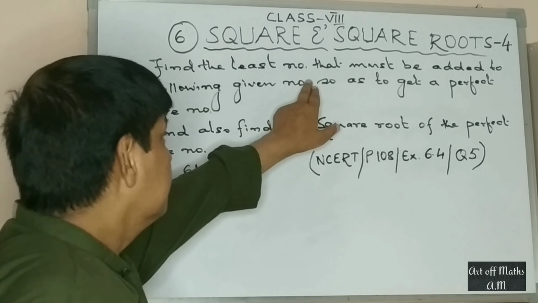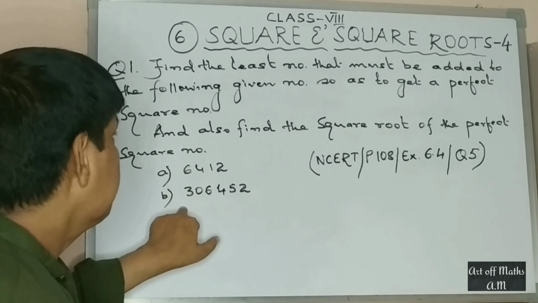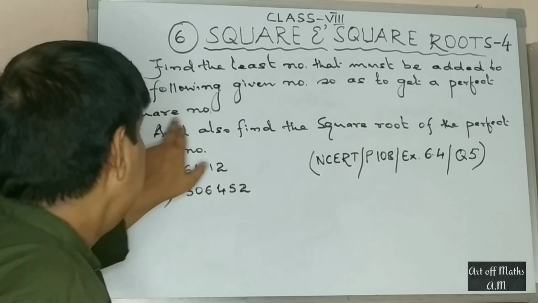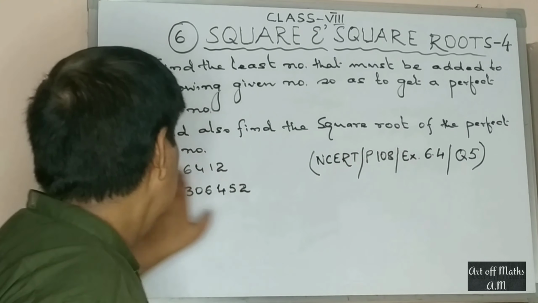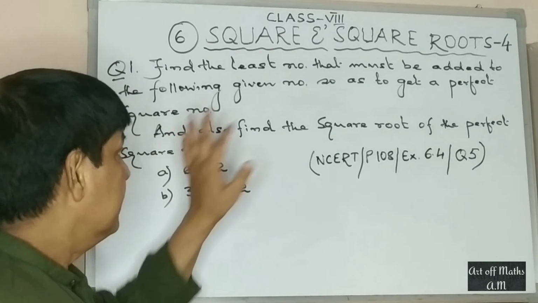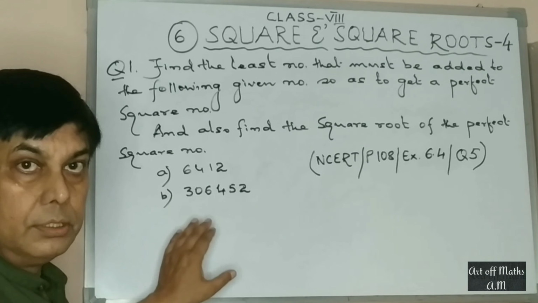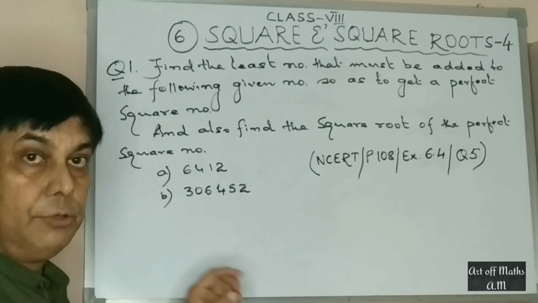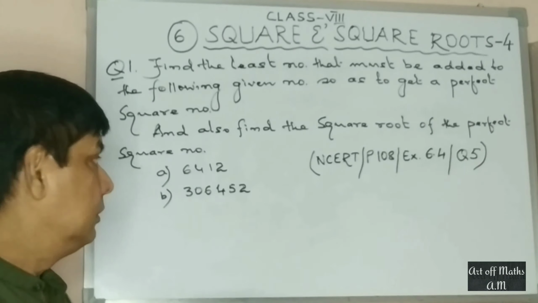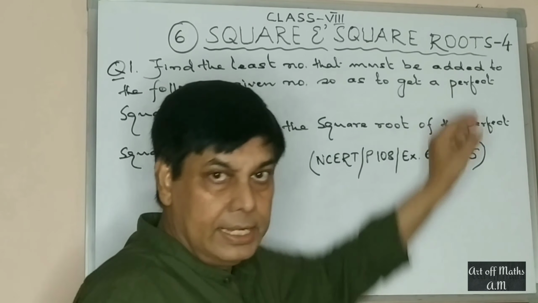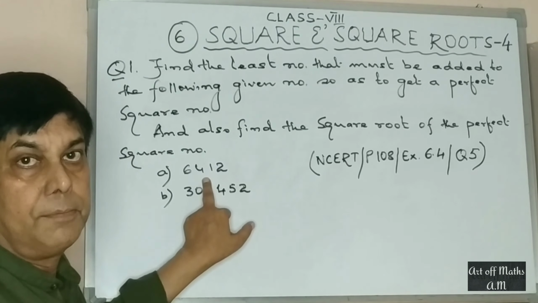Find the least number that must be added to the following given number so as to get a perfect square number, and also find the square root of the perfect square number. इस क्वेश्चन का मतलब है कि जो गिवन नंबर दिया गया है, obviously these are not perfect square number and you will have to make it a perfect square number by adding a particular number to this number to make it a perfect square number.